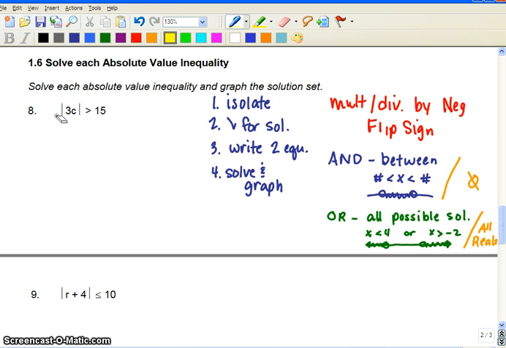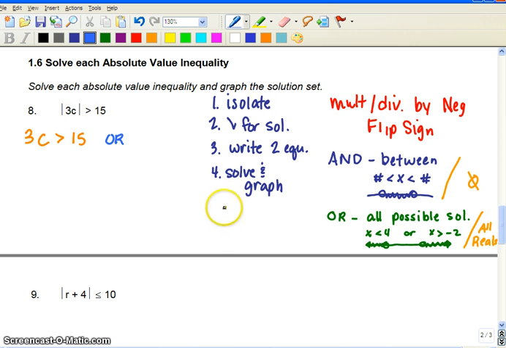Writing our two equations. All right. Our first equation is 3c is greater than 15. Now, in all the problems we had done with equal to signs, we used the word or. Now we have to decide which word to use. And I'm going to use the word or in this problem because it's a greater than sign.